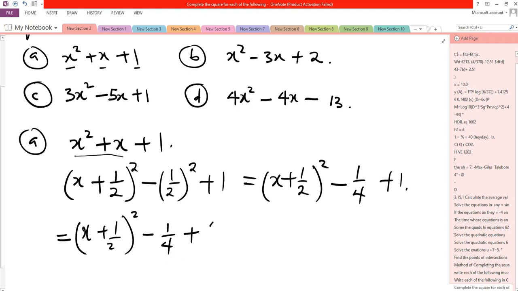The 1 is the same thing as 4 over 4. So minus 1 over 4 plus 4 over 4 will give us plus 3 over 4.